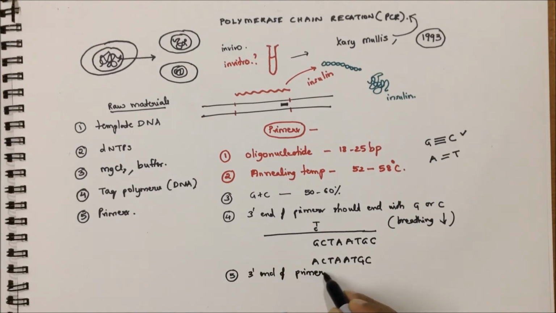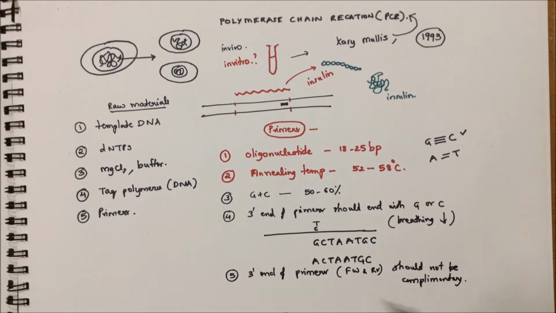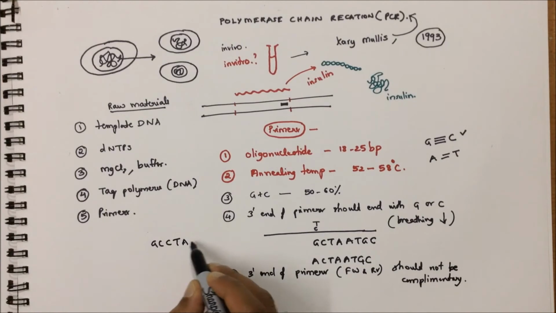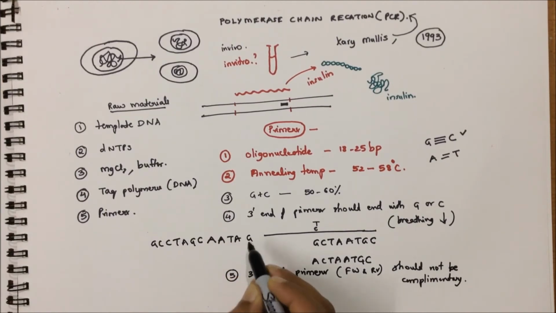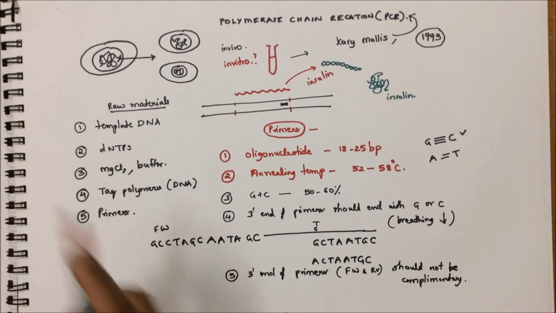And then the 3' end of the primers, both the forward primer as well as the reverse primer, should not be complementary. The reason behind this is also very simple. If, for example, you take G, C, C, T, A, G, C, A, T, A, G, C, and this is a forward primer.